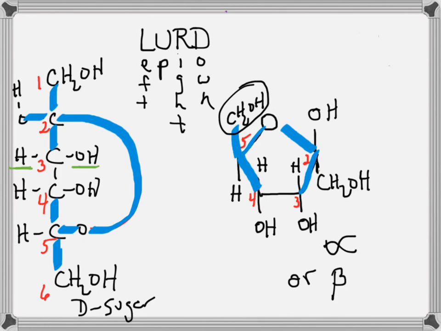Now let's figure out if it's in the alpha or beta configuration. Again, we find the anomeric carbon. It is right here. Notice again that this is the only carbon that has 2 of its 4 bonds to oxygens. There's one to there, and there's one to there. So there are our 2 bonds to oxygens, and we found our anomeric carbon.